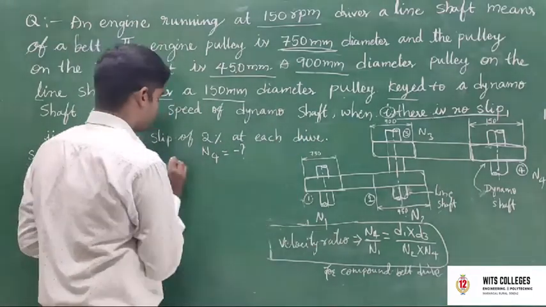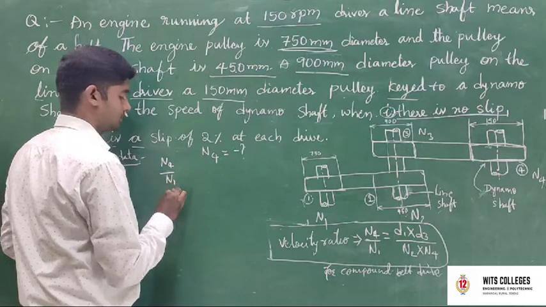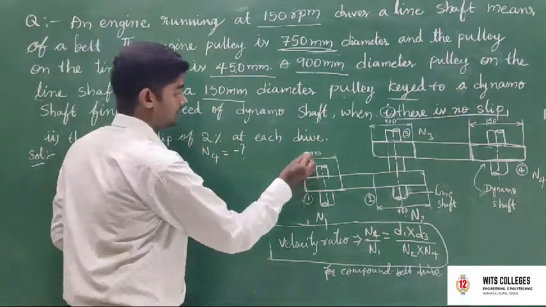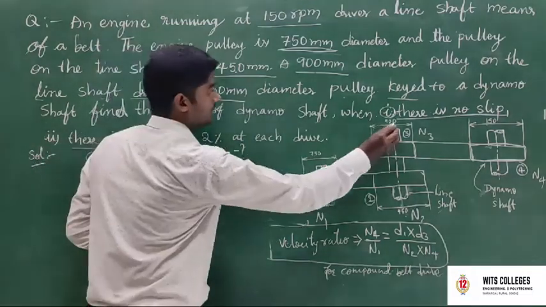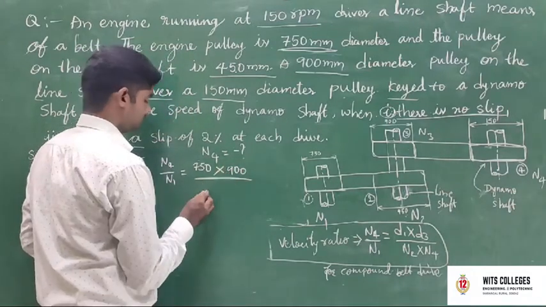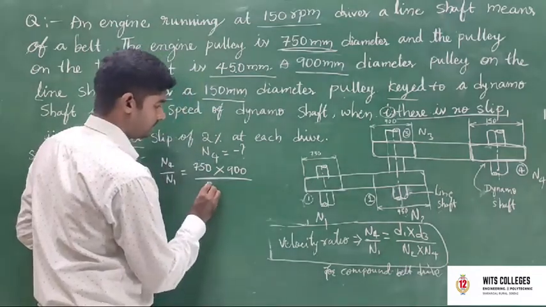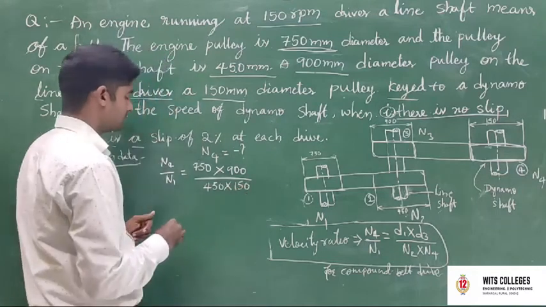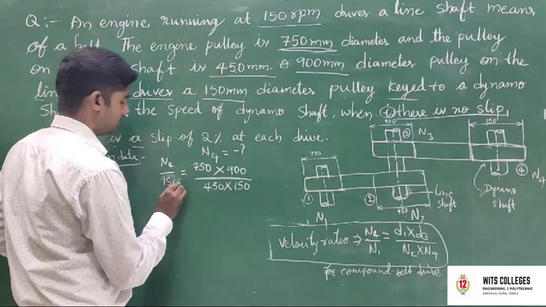In the no slip formula, N4 by N1 is equal to D1 into D3 by D2 into D4. D1 is 750, D3 is 900, D2 is 450, D4 is 150, and N1 is 150.